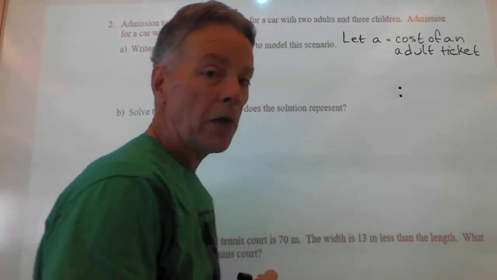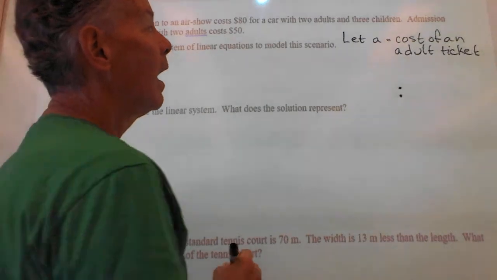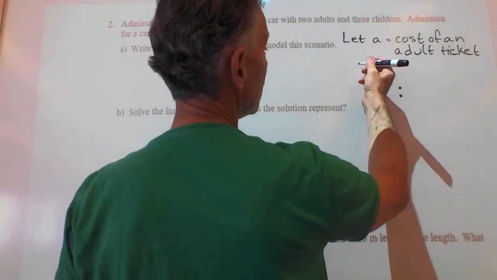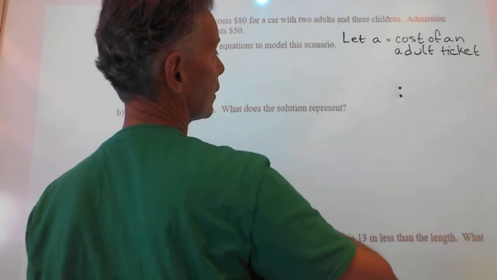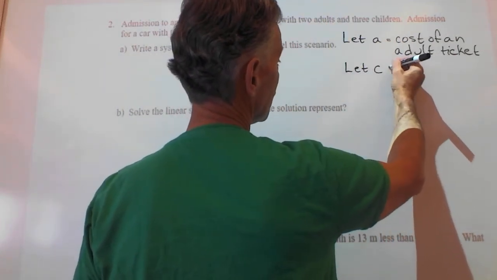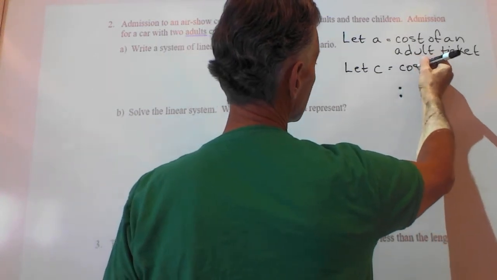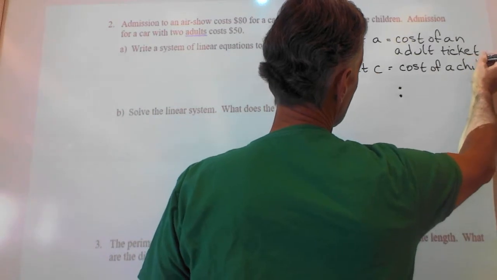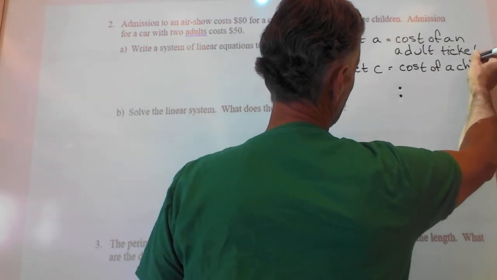Okay, because we don't know that. That's one of our variables. The other thing we don't know is how much does a child's ticket cost. So that becomes our second variable. Let C equal the cost of a child's ticket.